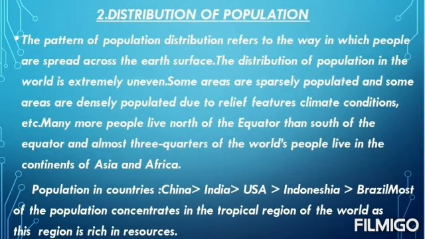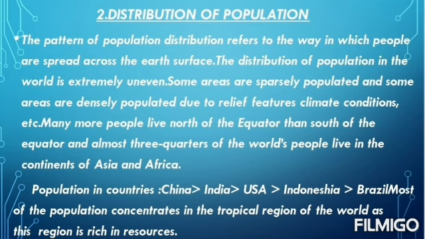The next topic is distribution of population. The pattern of population distribution refers to the way in which people are spread across the earth's surface. The distribution of population in the world is extremely uneven.